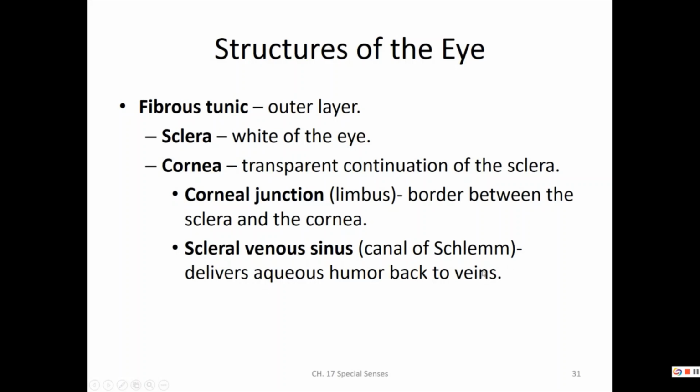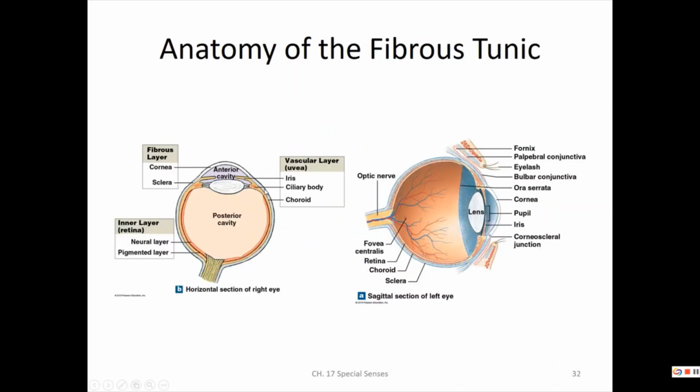It delivers your aqueous humor that we produce by your ciliary bodies back to the veins to reduce intraocular pressure and maintain proper pressure. Okay, so as we look at that, let's see our sclera, the white part of the eye, and the cornea, the clear part of the eye. Cornea, sclera.